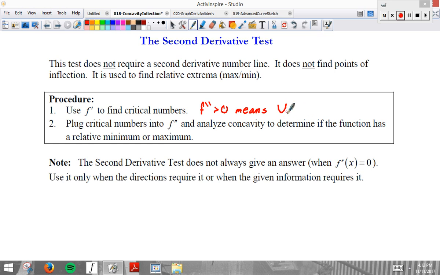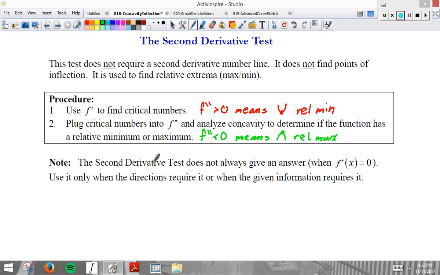And so when we add this with the fact that we have a critical number, we are talking about being a relative min. Whereas, in a similar fashion, if f double prime is negative, we will have a concave downward shape, and combined with the fact that we are at a critical number means we'll have a relative max. And that's really all there is to this test.